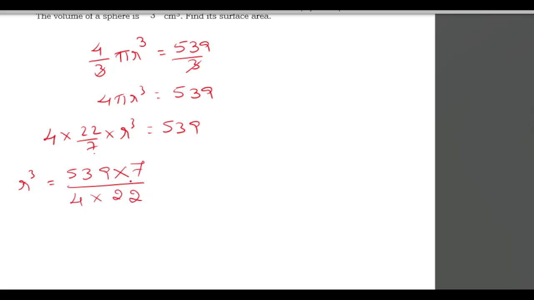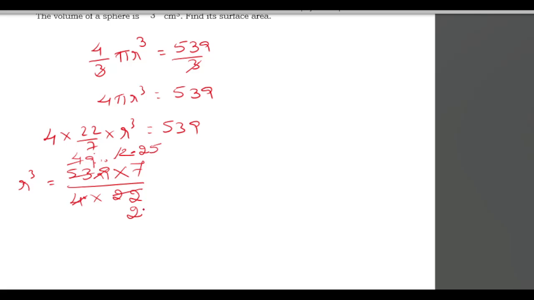4 into 22, so it can be cut by 9. 11 nines are 99, so 2, remaining 4. 4 can be cut here by 2. 4 ones are 4, 4 twos are 8, so 1 is remaining and it becomes 10. 4 twos are 8.5.